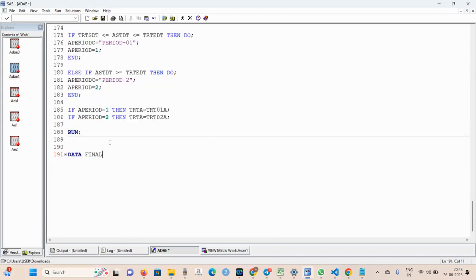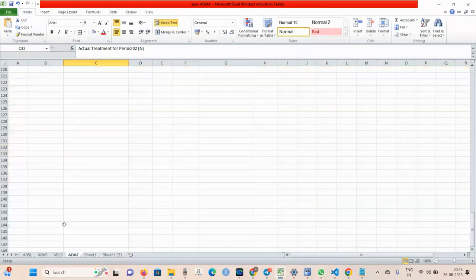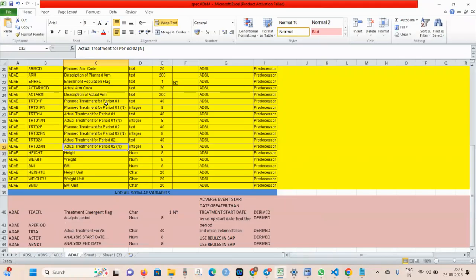So for the final, you put ADAM-ADAE, and you do the attributes only for the required variables. So only these 4 of them. The remaining ones we already did at ADSL level, so we don't need to do the attributes again. We do only this part.